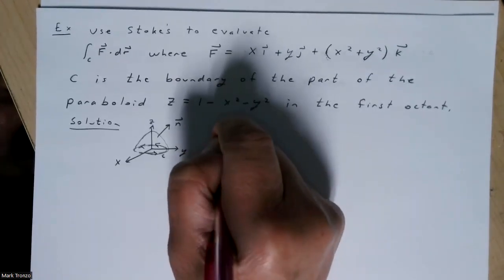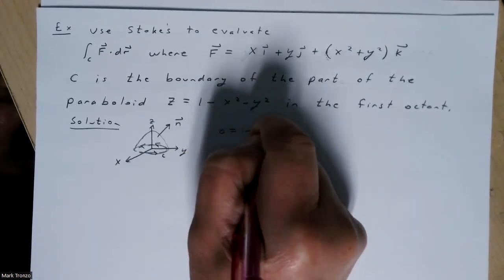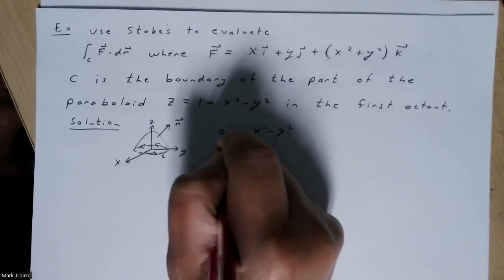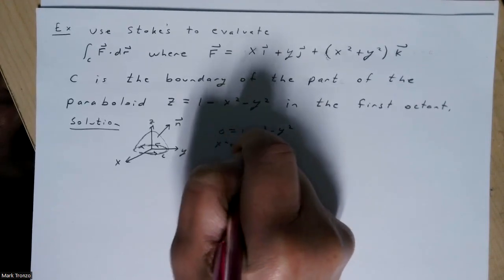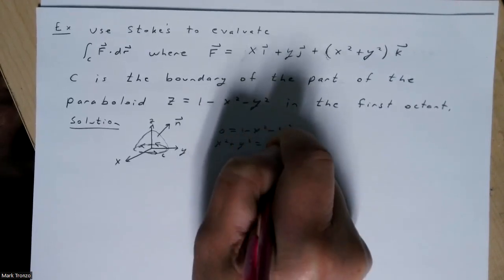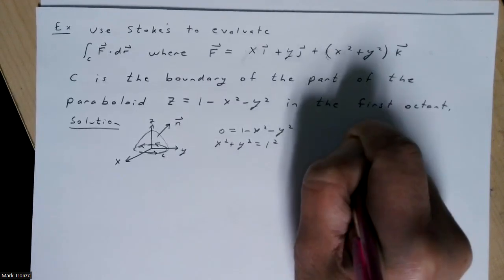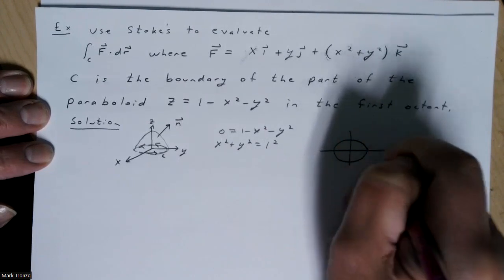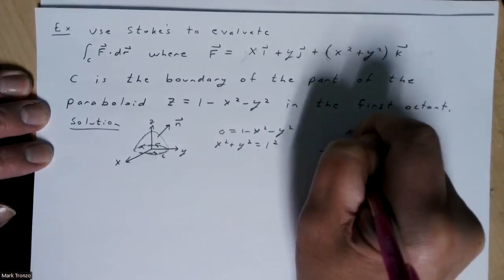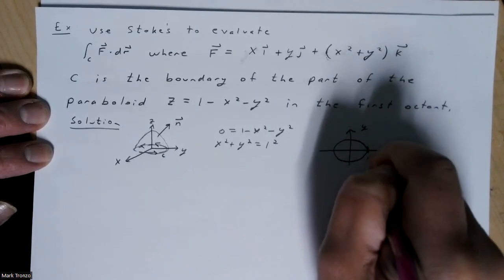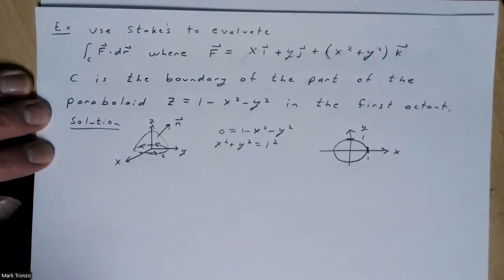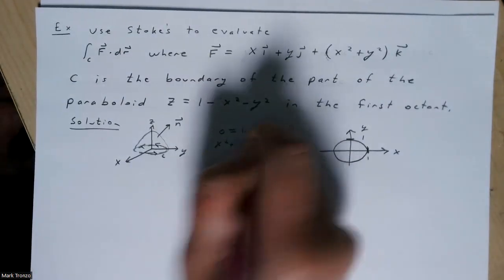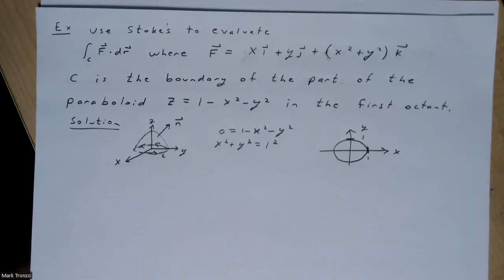So if we set z equals 0, we'll get x squared plus y squared is 1 squared, or 1. That's going to end up being our domain later when we do the double integral, like this.